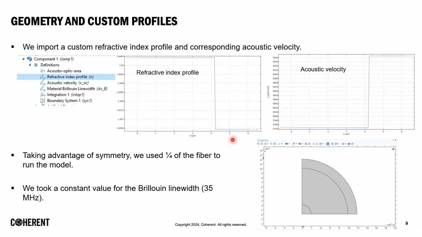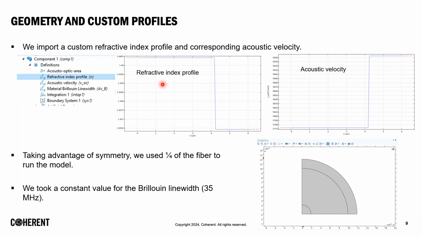So for the geometry, here we imported a custom refractive index profile and its corresponding acoustic velocity. Here, just for simplicity, I am using a step index profile, but we can import any custom profile we have. Another way to do this is manually creating the profiles using the geometry and selecting a material from the COMSOL material library.